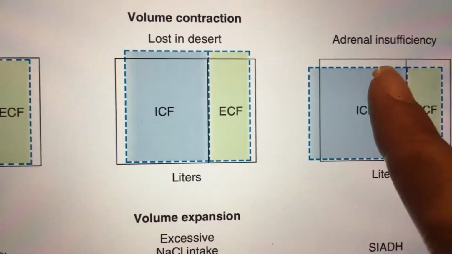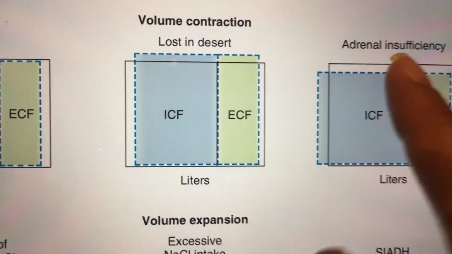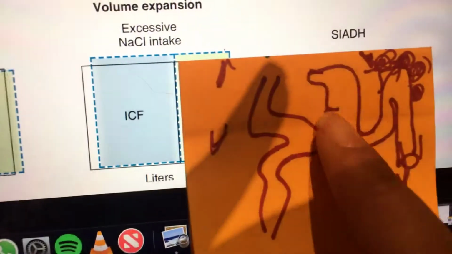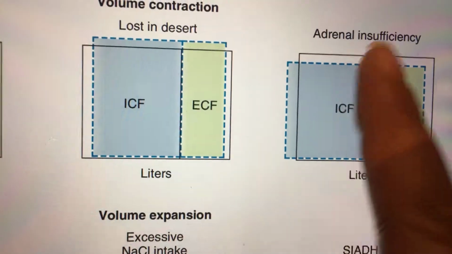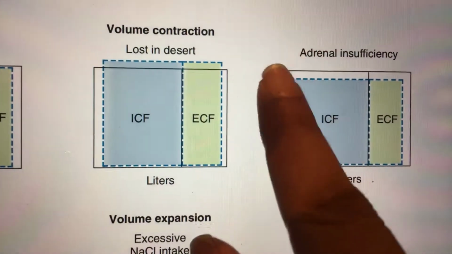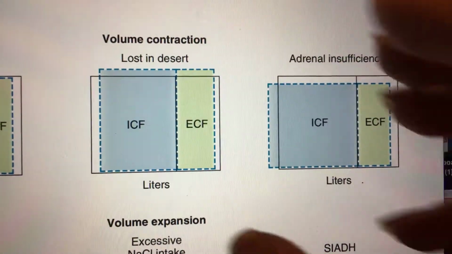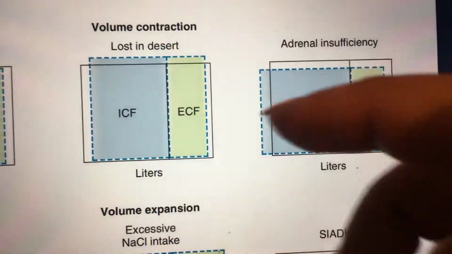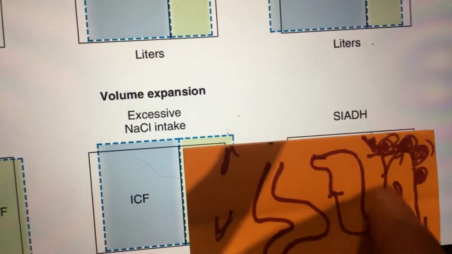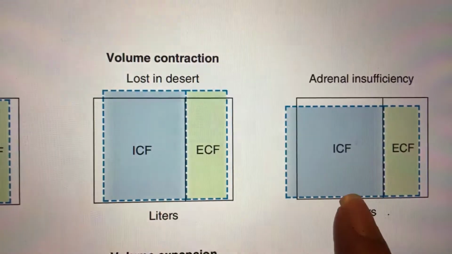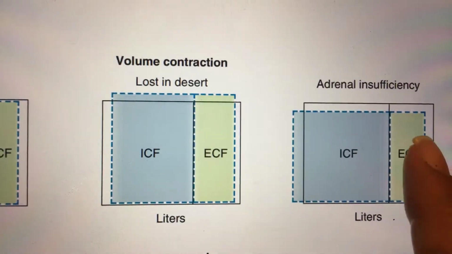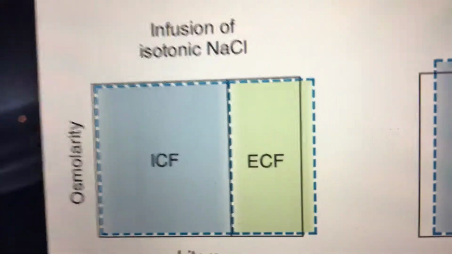If there's an insufficiency or a problem with it, and I think this is known as Addison's disease, this will mean that you have less aldosterone to reuptake those solutes and ions from this part of your nephron, meaning you will have less reuptake, meaning you will have lower osmolarity, and because you are still taking away the fluids, you're losing these fluids as well as the solutes, you're going to have contraction. So this is going to be hypoosmotic contraction. Done.